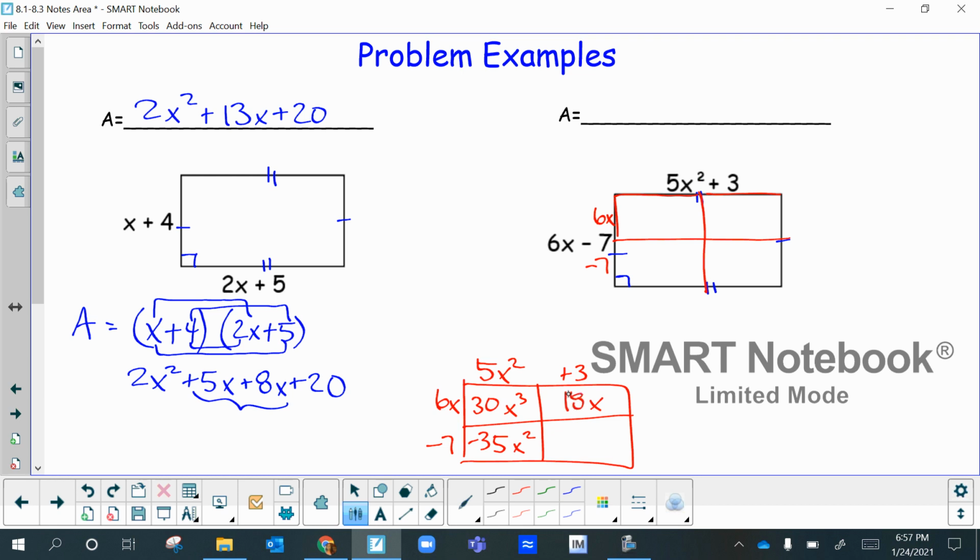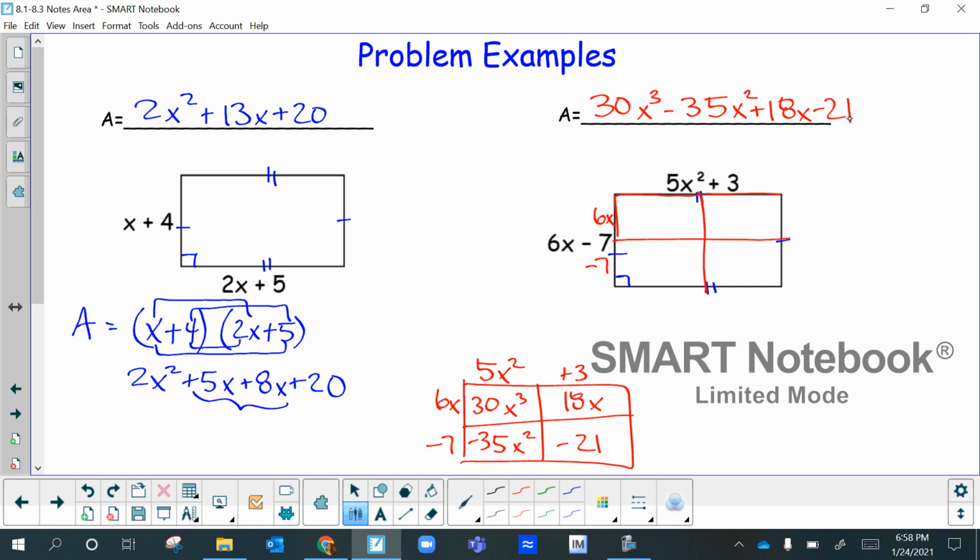And -7 times 3 is -21. Okay, and you can see in all three boxes, you just want to write them all out. So 30x to the third, we'd have no like terms, minus 35x squared plus 18x minus 21.